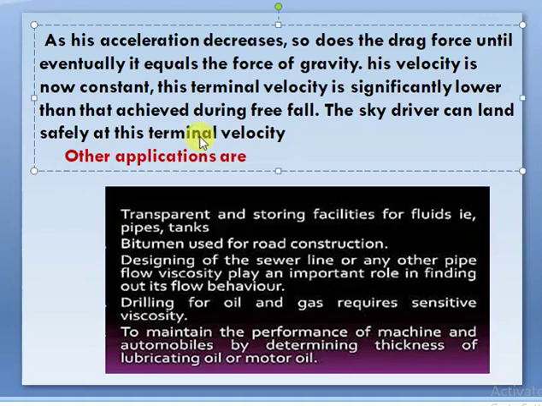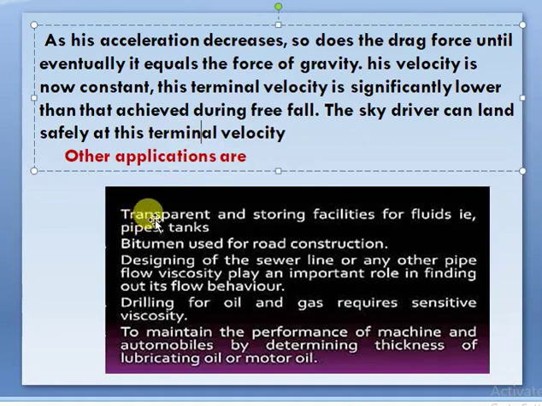So we apply this terminal velocity using our parachute. The parachute serves as a safeguard when a skydiver is landing from the sky, so that the skydiver will not injure himself or herself.